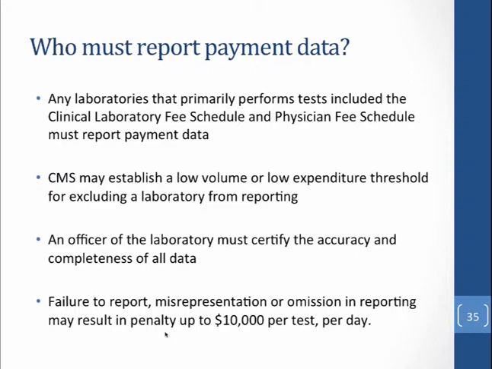They can only reduce it 10% a year for the first 3 years after 2017, and then 15% for the next 3 years. After that, they can go as low as they want. But if you look at it, that takes it down to about 45% right there. Again, every 3 years, they will then resurvey all of the labs and adjust the payments according to what commercial payers are paying.